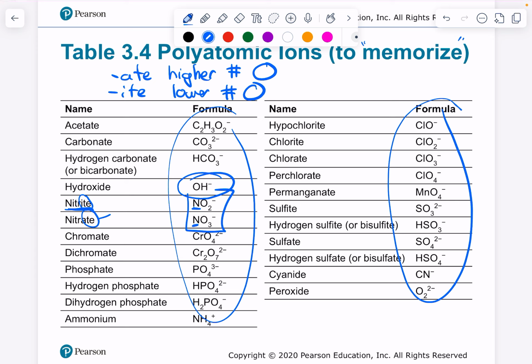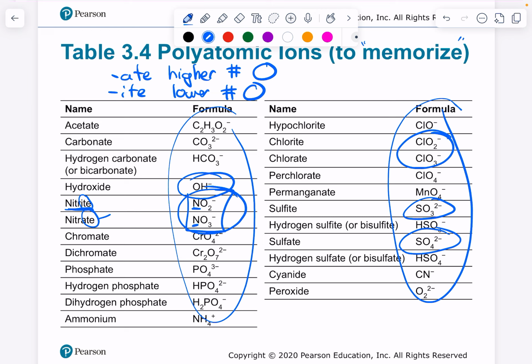So for nitrate and nitrite, nitrate has 3 oxygens, nitrite has 2 oxygens. For chlorate and chlorite, chlorate has 3, chlorite has 2. And let's do one more example, sulfate and sulfite. Sulfate has 4, sulfite has 3.